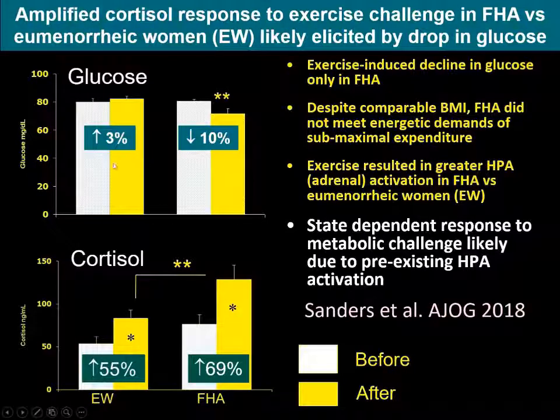The subjects that were eumenorrheic had a release of glucose to meet the energy demands. Of note, the amenorrheic patients actually had a decrement in glucose. And this led to a greater rise in cortisol during the exercise bout in the amenorrheic women than in the eumenorrheic women, which represents part of the stress signal.